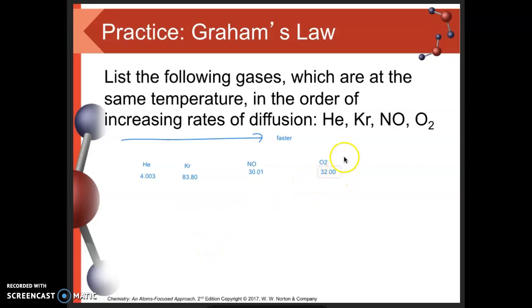So the heaviest gas would be the slowest gas, so that's krypton. Krypton is slower than oxygen, which is the next slowest, which is slower than nitrogen monoxide, which is slower than helium, which is the fastest. So in qualitative examples like these, we don't actually need to do calculations. All we need to do is evaluate the molar mass and put them in the appropriate order.